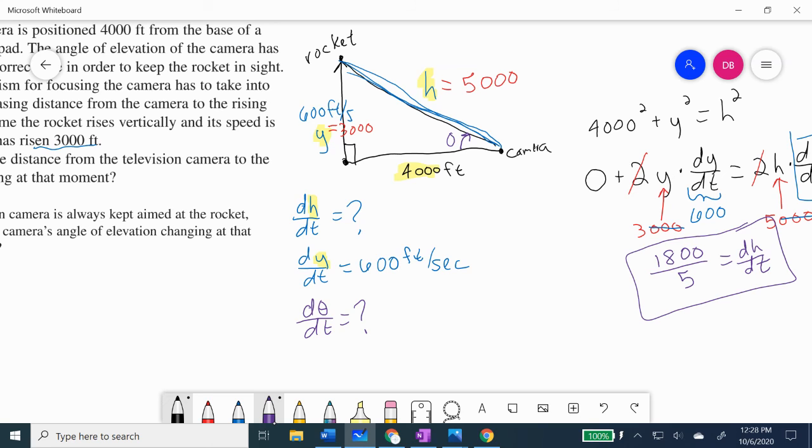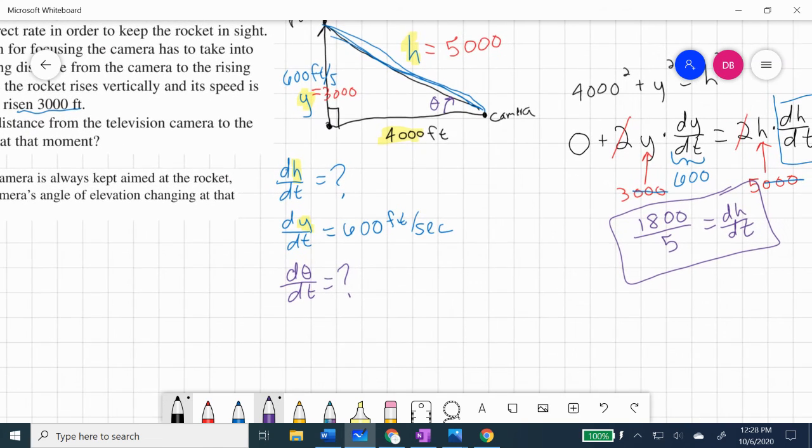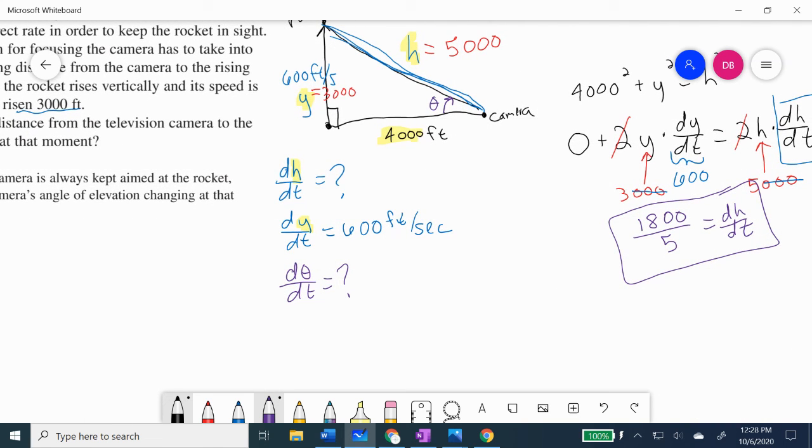So this is our theta. If it was angle of depression, that's always horizontal looking downward. Now, if I'm dealing with a right triangle and a rate of change that is one of the two acute angles in that right triangle, you are trying to decide what two sides are you going to put in a ratio and turn into a trig function.